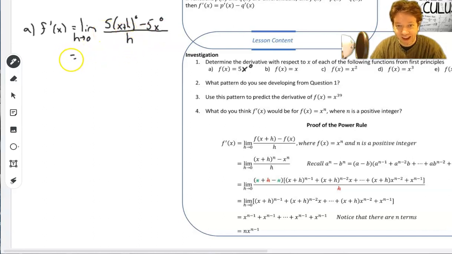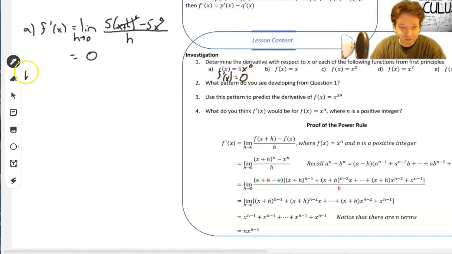So what I have here is just both of these to the power of 0 is just 1. So I have 5 minus 5, which is 0 over h, which is just 0. So I'm trying to find the limit of 0. Well, that's just 0. So our first one here is just going to be, let's write this in here so we can see the pattern later. It's just going to be 0.